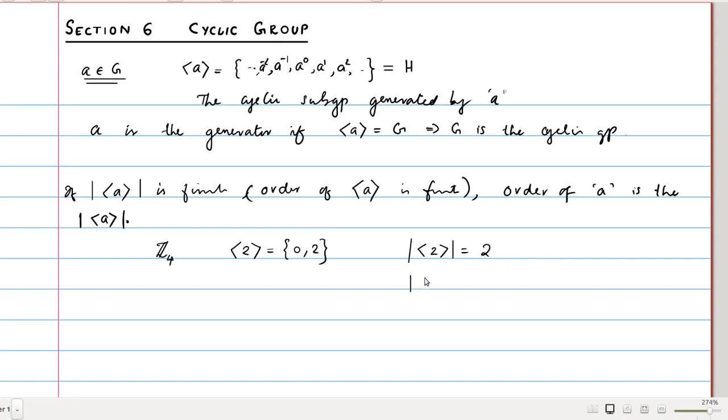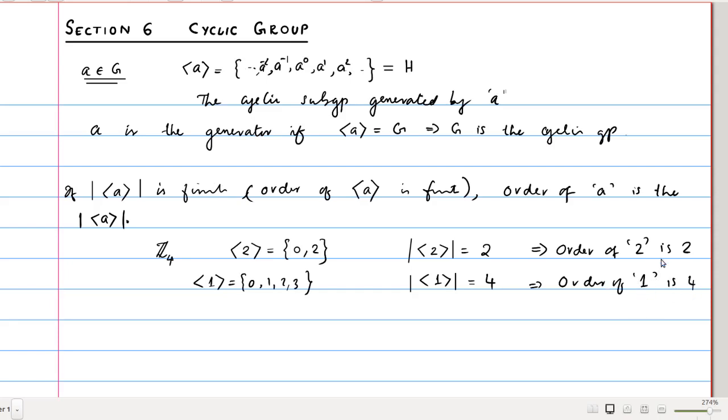Similarly, the cyclic subgroup generated by 1 consists of all the elements of Z4: 0, 1, 2, 3, so its cardinality is 4. So the order of the element 2 is 2, and the order of the element 1 is 4.